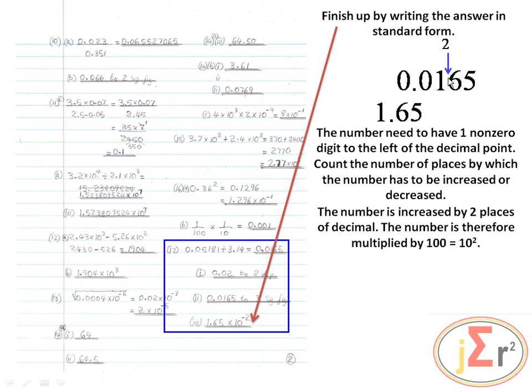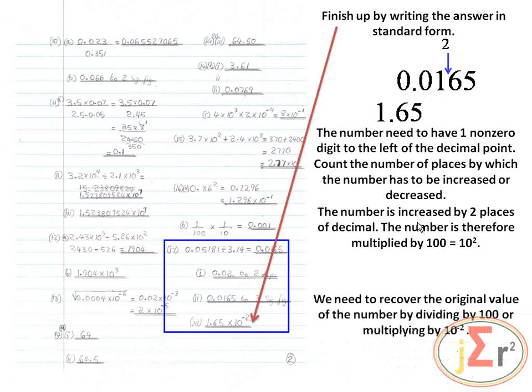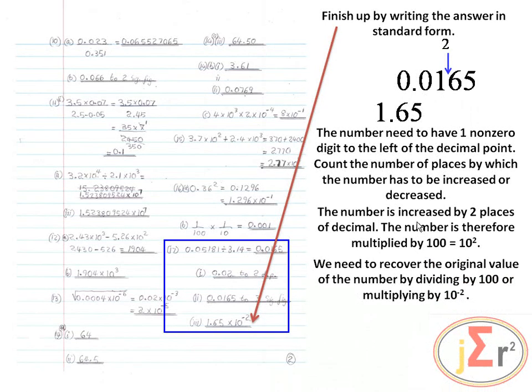There is a difference between these two of 2 places of decimal. We need to recover because we multiplied by 100, which is 10 to the power of 2. Now we need to recover the original value of the number by dividing by 100, or 10 to the power of 2.